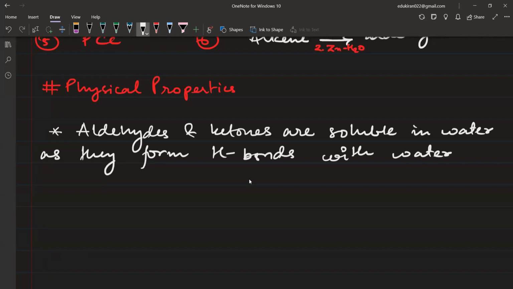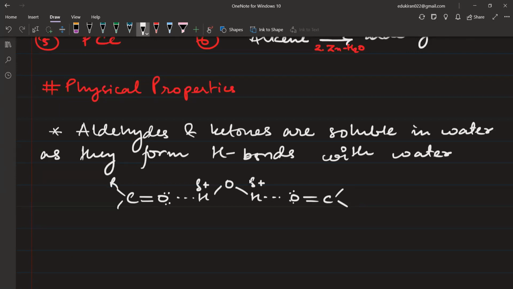How? Carbon double bond oxygen. The oxygen of the carbonyl group has lone pair electrons, and both hydrogens of water will be very delta positive. So the lone pair electron interacts with the delta positive, electrophilic, electron-poor hydrogen atoms of water, and that is why they form hydrogen bonds.